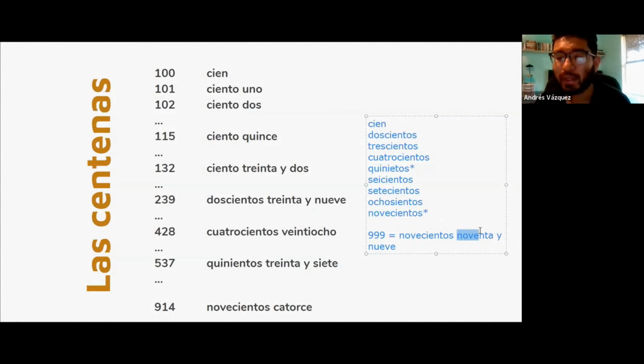And then we add 90 separated by E and finish the number with nueve, no? So this is a pattern that will repeat itself throughout the hundreds place. Muy bien.